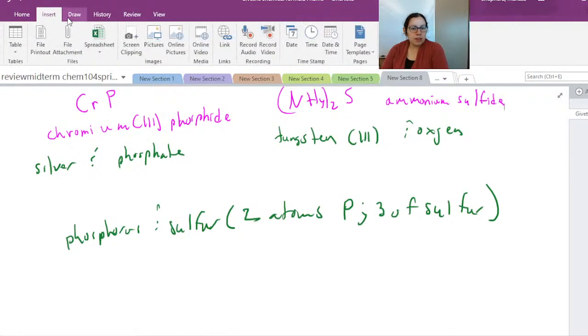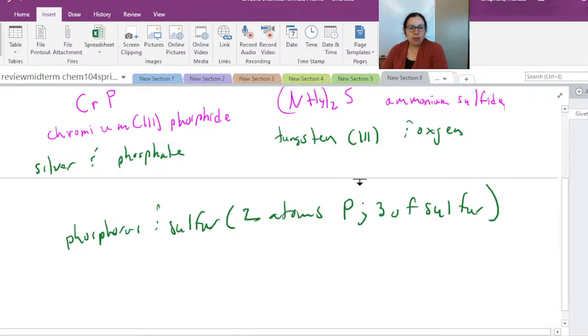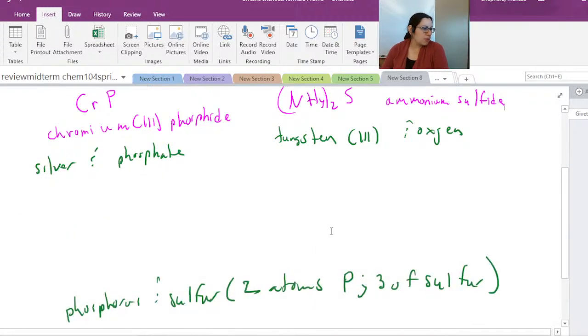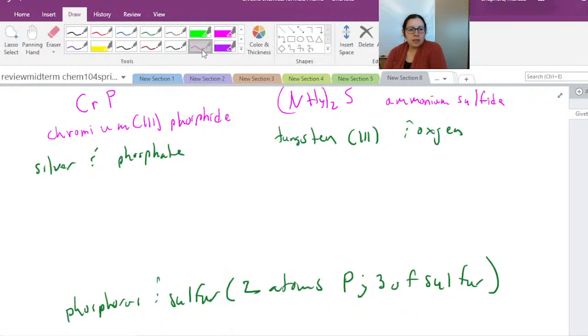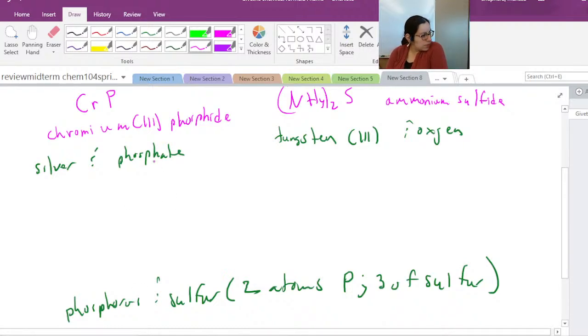All right, so now let's look at silver and phosphate. So you have to remind yourself, what oxidation state is silver always in? And then what's phosphate? So thinking of those two things.